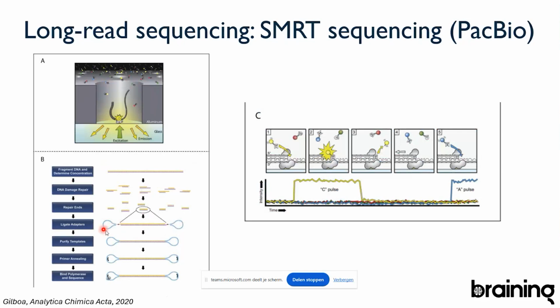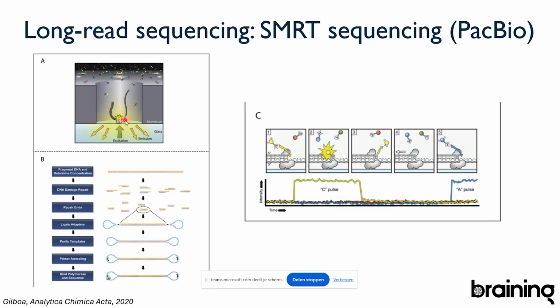These adapters are loops, so you generate a very big circular molecule. The circular molecule goes into a well, one circular DNA molecule per well. The DNA polymerase will start copying the circular DNA molecule, and since it is circular, the loop keeps on going. So this DNA polymerase will be able to synthesize the strands over and over and over again.